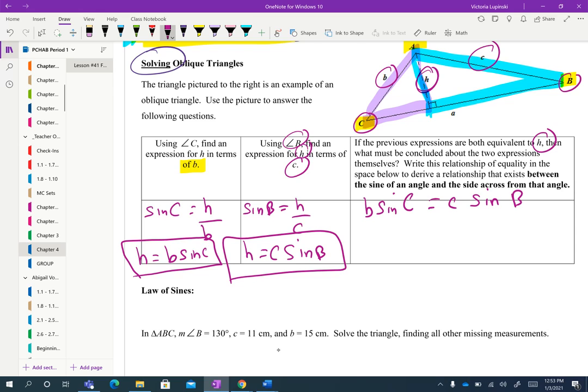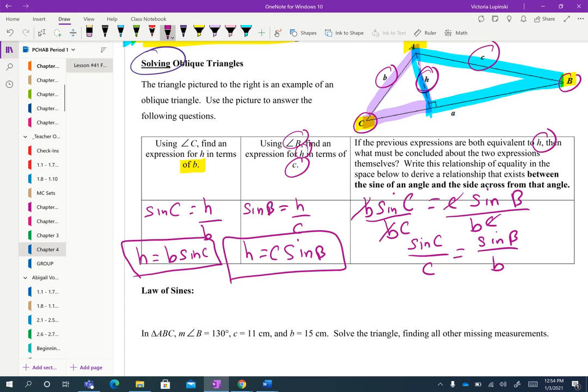So what we're going to do first is divide both sides by B, and we're also going to divide both sides by C. If we do that, then the B's will cancel out on the left side, and the C's will cancel out on the right side, which is going to leave us with the expression that the sine of C over C is equal to the sine of B over B. And it turns out that that's kind of what we're hoping for.